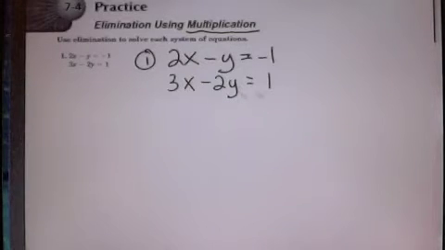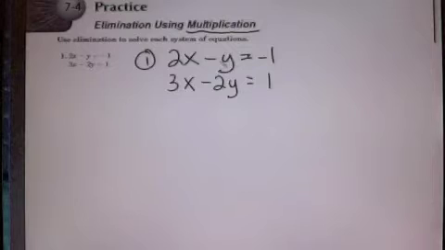If I look at this particular set of problems, here I have negative y and here I have negative 2y. If I wanted to cancel out the negative 2, ask yourself, what's the opposite of negative 2? The opposite is positive 2. So if this y term happened to be a positive 2, I could get these to eliminate.